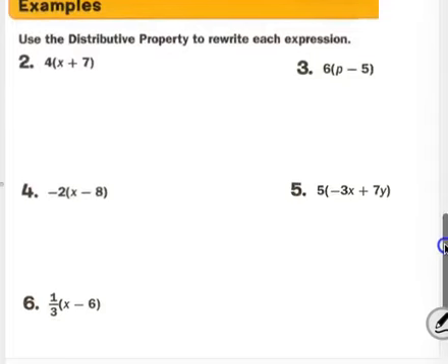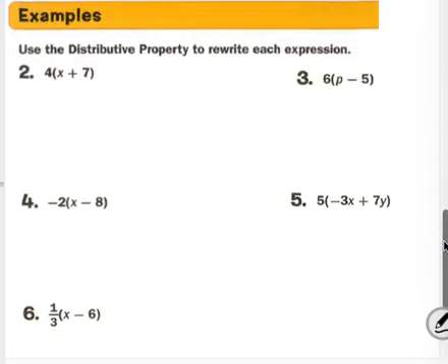So let's look at a couple more down here. So they want us to use the distributive property to rewrite each expression. So we don't even have to solve them here, okay? And we can't because there's no way to know what those variables are because they don't have equal signs. So let's rewrite. So remember, we're going to take 4 and we're going to distribute it to each term inside the parentheses.